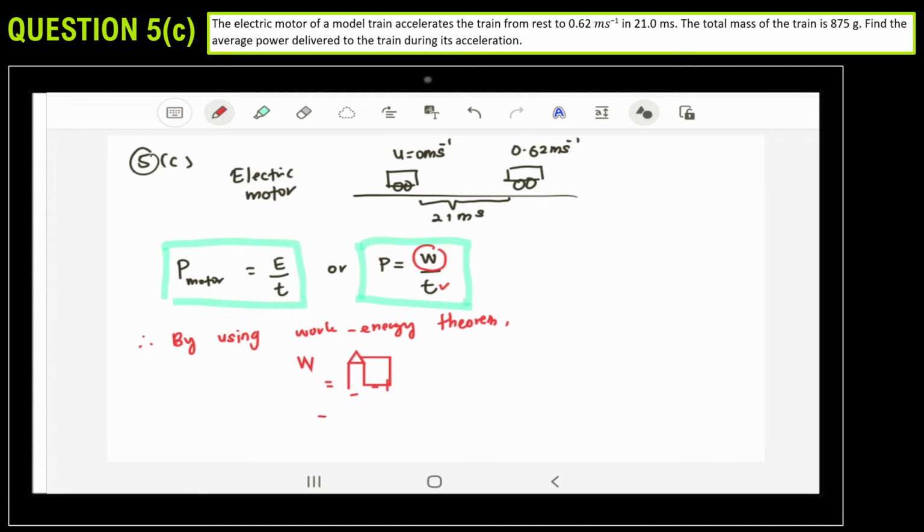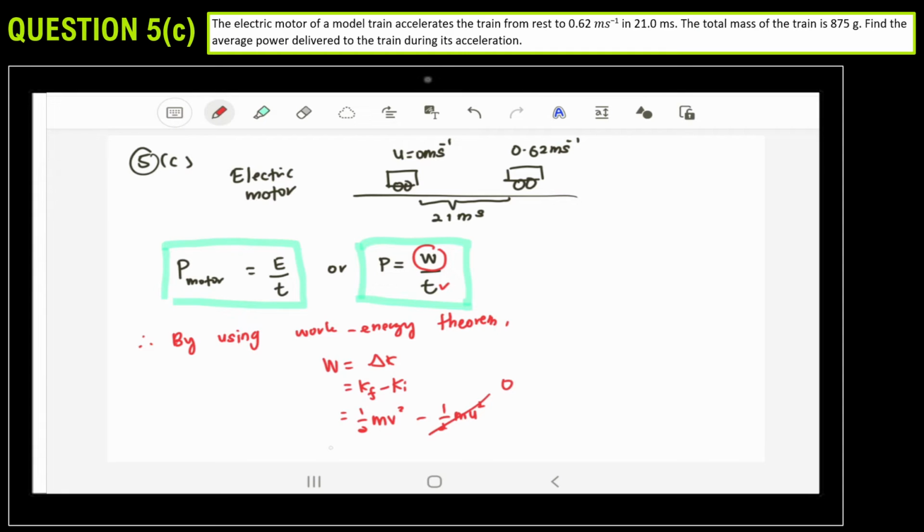Okay, kita tulis lagi sekali, W equal to delta K, K final minus K initial, where K final is half mv squared and minus K initial half mu squared, but initial kinetic energy is equal to 0 since u is equal to 0.